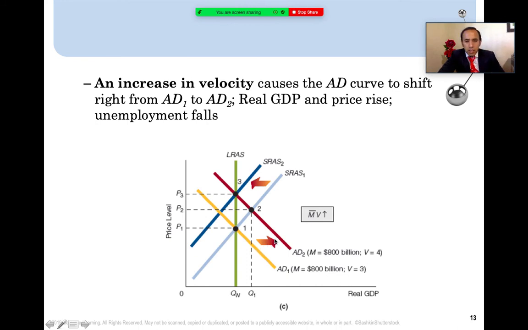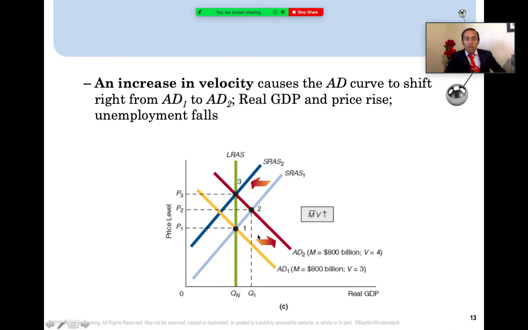That increase in the velocity creates a new equilibrium, P2, a price of 2, equilibrium 2, with a higher GDP in the short term. This higher GDP can increase GDP for, for example, a year. For 1 year, we can have higher levels of GDP, that's above QN.